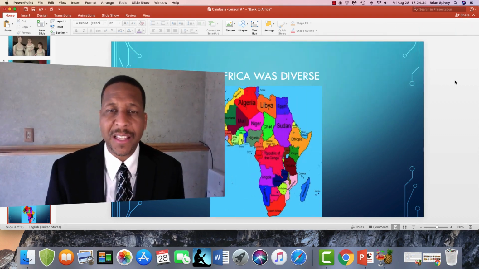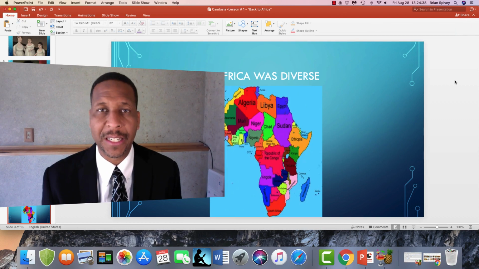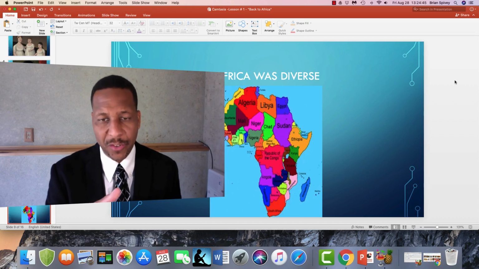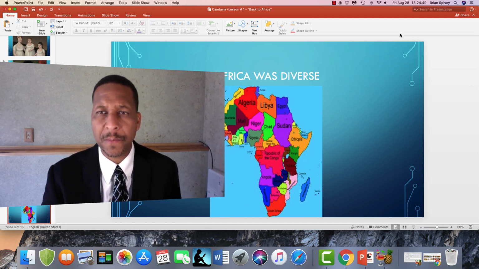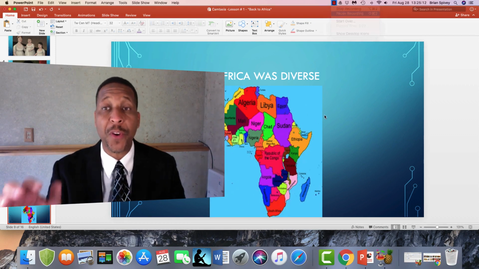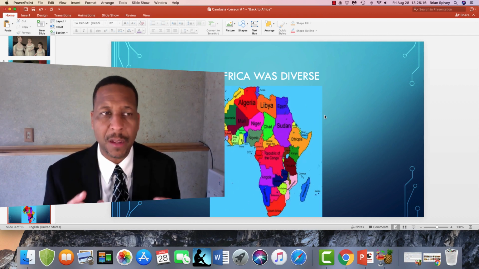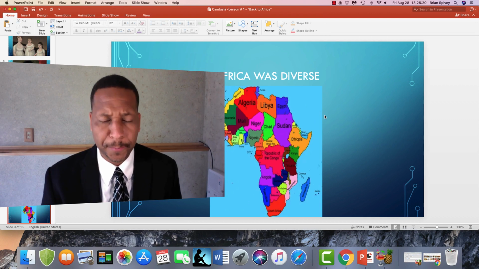Next, they depict Africa as one country. Africa is not a country, it's a continent. And it's very different. I picked this picture because it's different colors, and the different colors represent the diversity of the African continent.